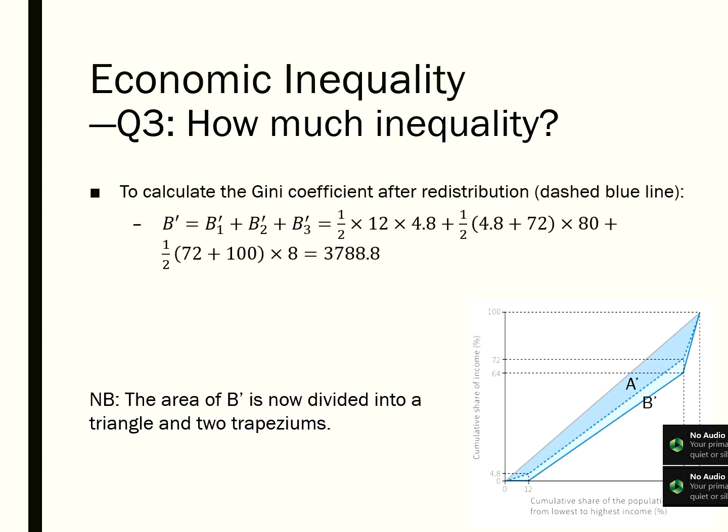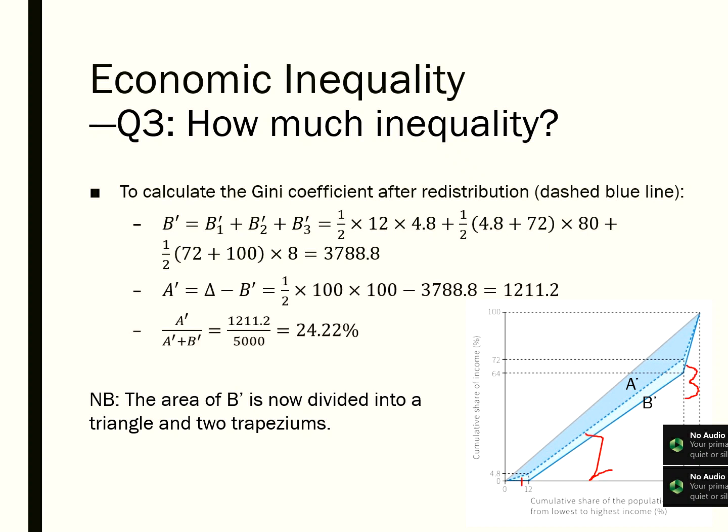B1 is a right-angled triangle, B2 is a trapezium, and B3 is also a trapezium. You simply apply the area calculation formulae in this case again, and you will be able to calculate B prime and A prime and the ratio between the two. You can pause me now and take this as an exercise to check your understanding.